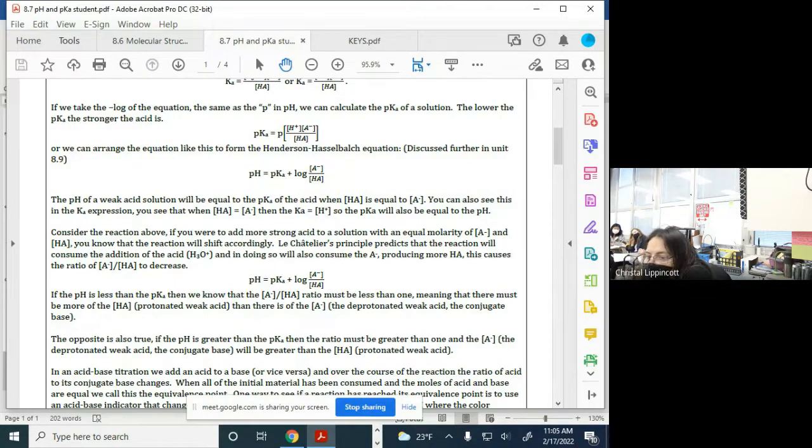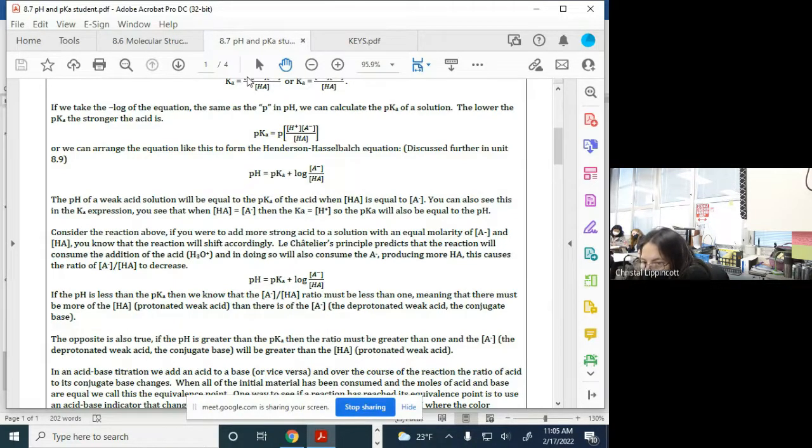Okay. So this is the idea behind the Henderson-Hasselbalch equation, though. If you have pH and you have pKa, you can figure out a ratio here of your weak acid to your conjugate base.